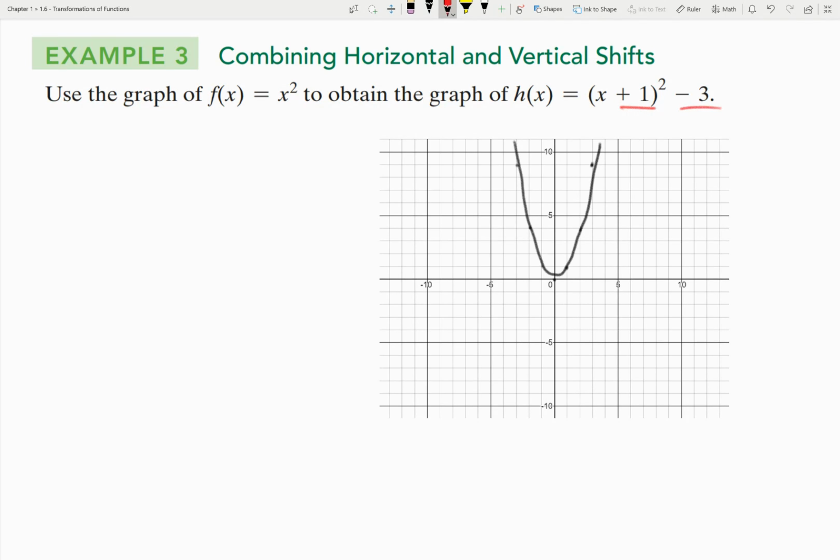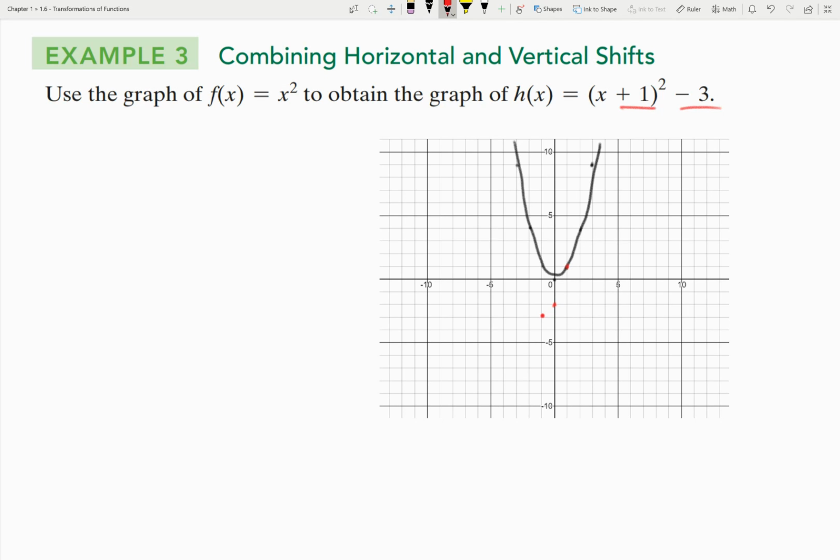Left 1, down 3. There's my starting point. So then I can take every single point and move it left 1, down 1, 2, 3.